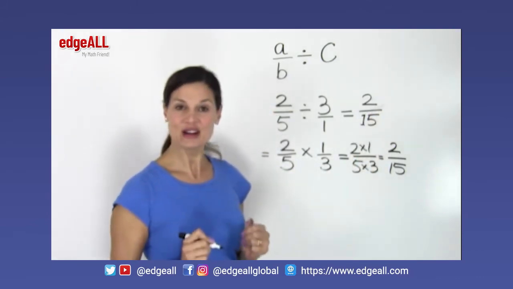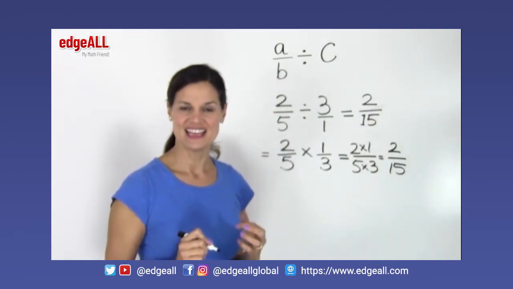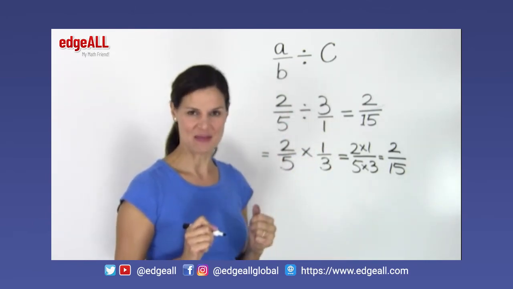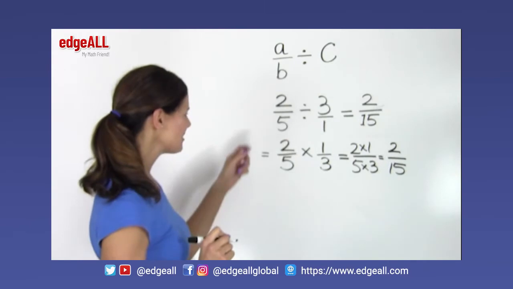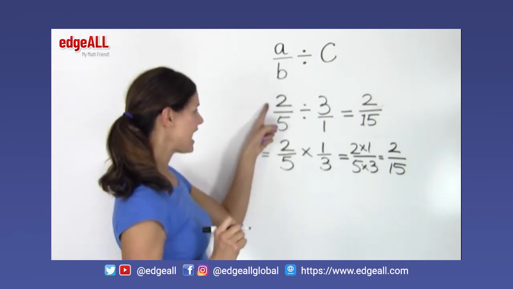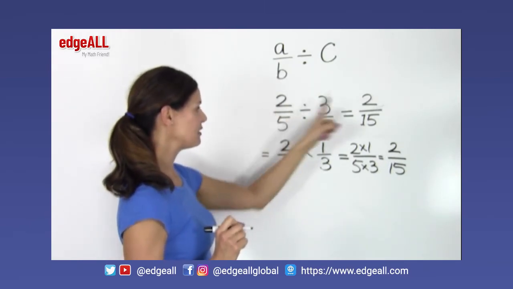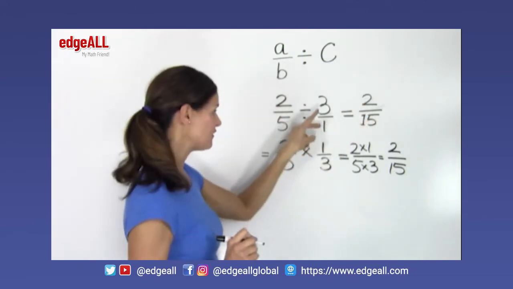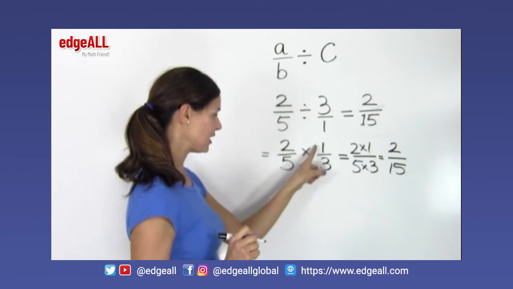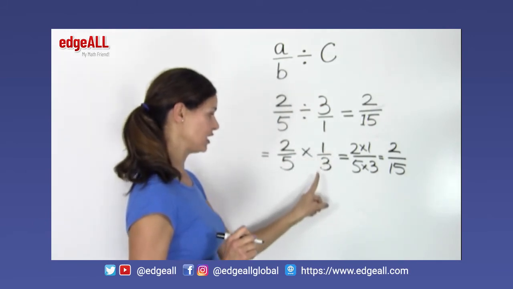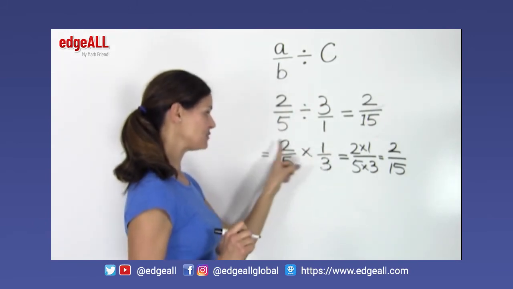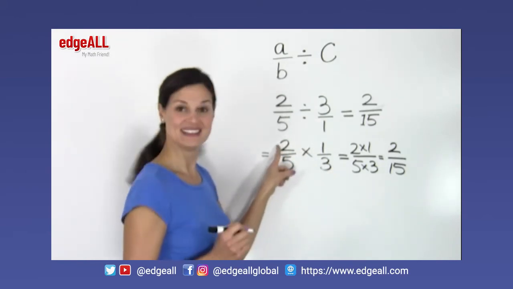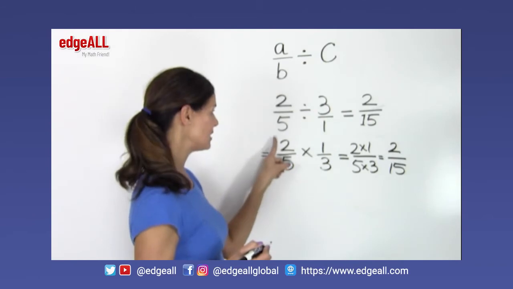Now, the third approach, or the third method, is a little shortcut of this invert and multiply method. So you can see in this problem that I ended up with my numerator just being the same, because when I flipped over my whole number and made it 1 over my whole number, I ended up just multiplying my numerator by 1, which keeps it 2, which keeps it what it was.